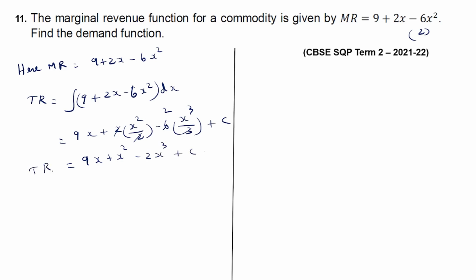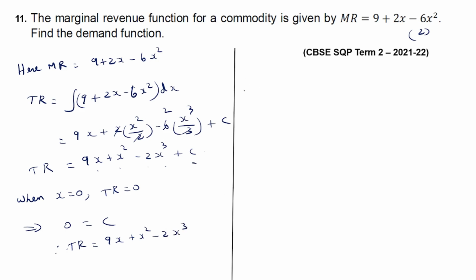So, this is the total revenue function, but we are having a constant c for which some value should be substituted. Now, we know when the level of output is 0, total revenue is 0. From this we get 0 equal to, when we put x as 0 here, all these will go and we will be left with c. Therefore, c is 0. Therefore, total revenue equal to 9x plus x square minus 2x cube.